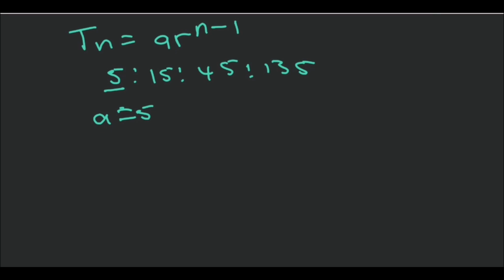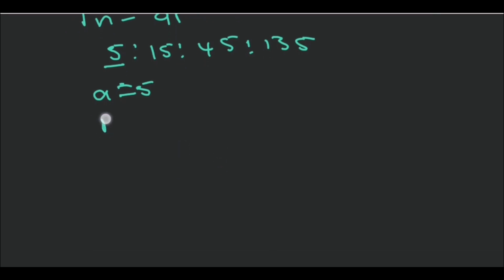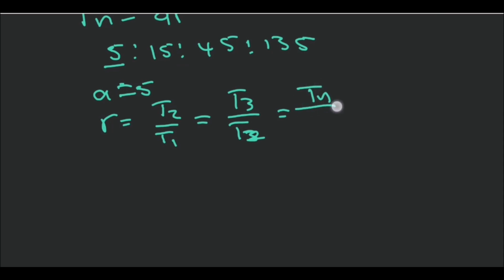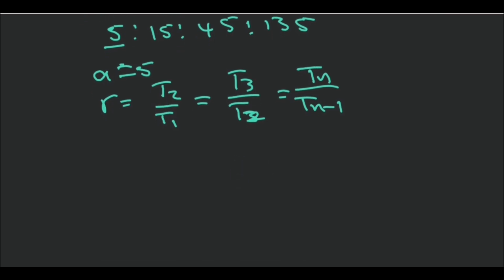So what is R? Remember we said R was equal to T2 over T1, also equal to T3 over T2, and so on. And we said in general, this was Tn divided by Tn minus 1. So in this case, let's use any term that we are given here.